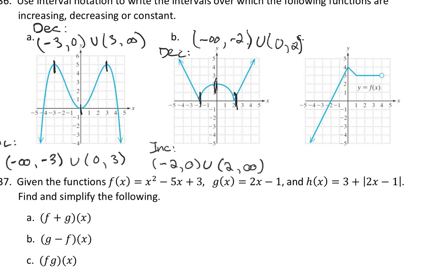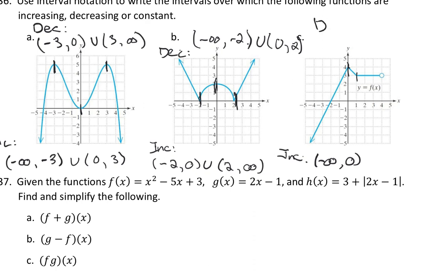Then part C. Here we do have a section of the graph where it is constant. So we have one change in direction here, and it changes to constant here. So let's again start with increasing. So it seems to be increasing from negative infinity to 0.